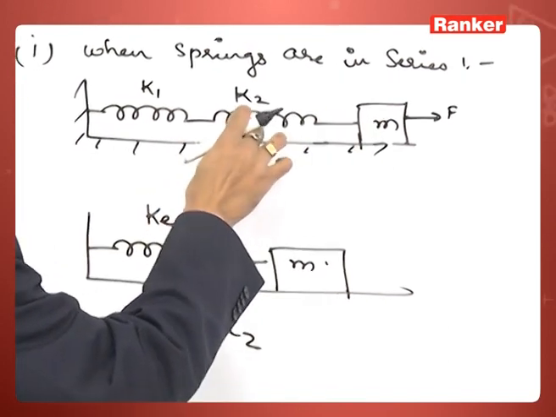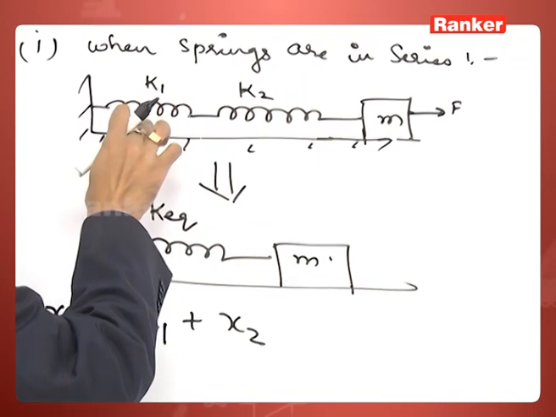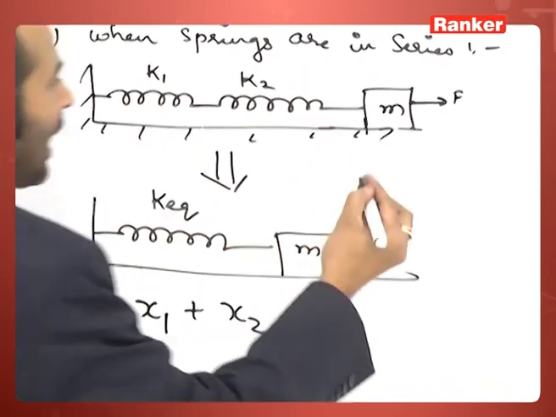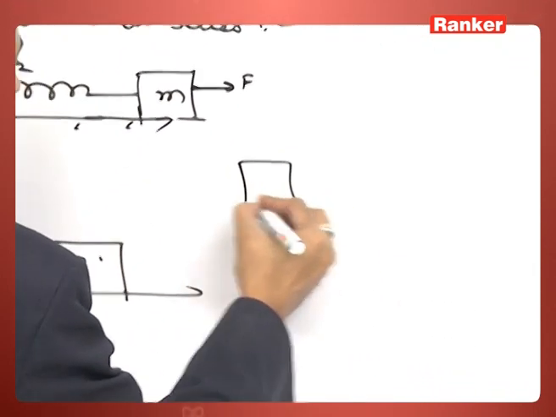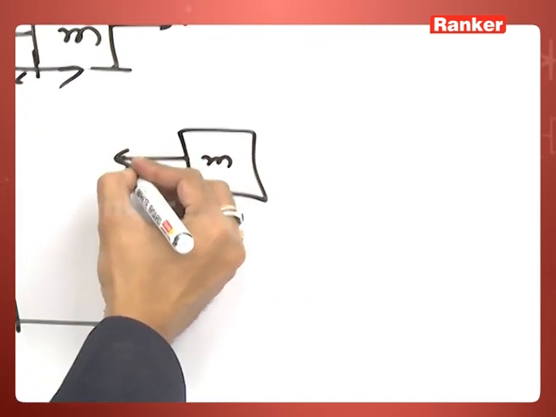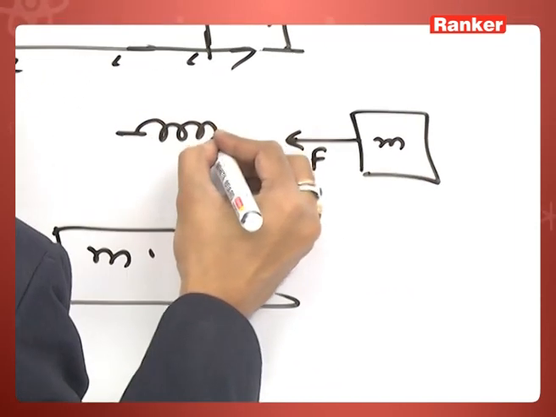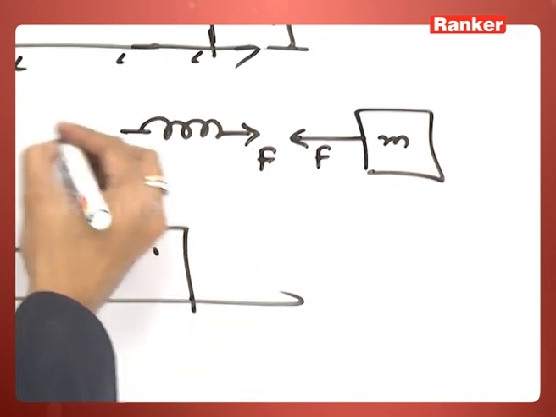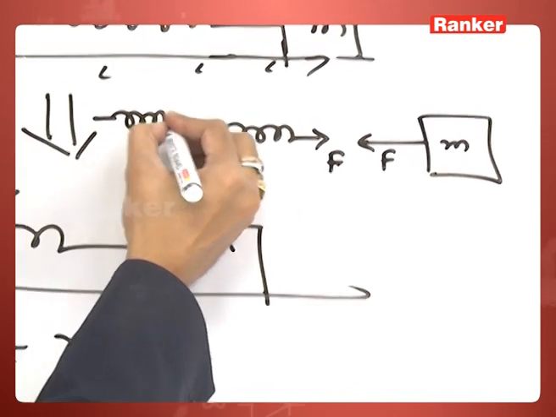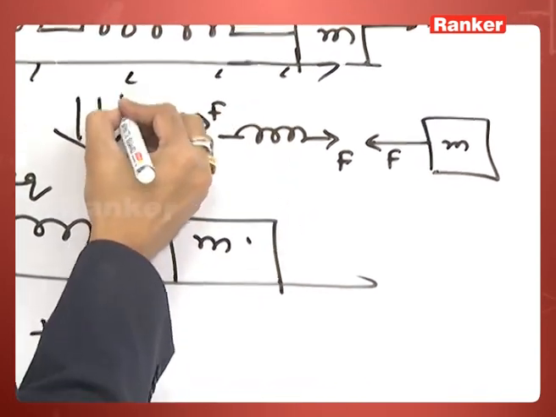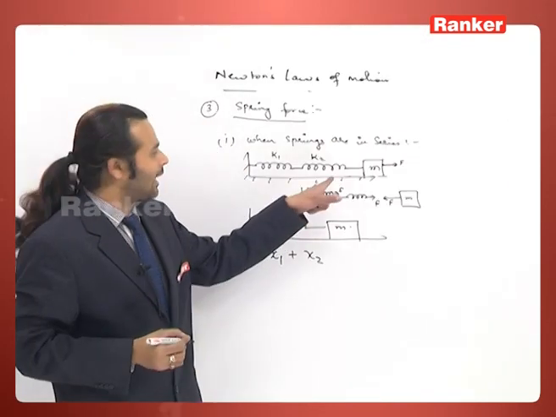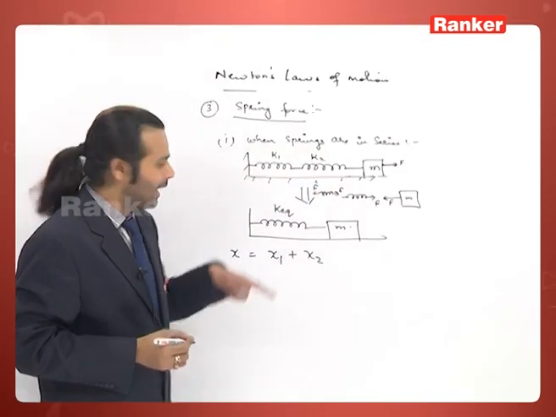The same force is being applied on this k2, the same force is being applied on this k1. On this m, same force F, on this spring k2, the same force F, on this spring the same force F. So all the forces acting on both these springs are the same.